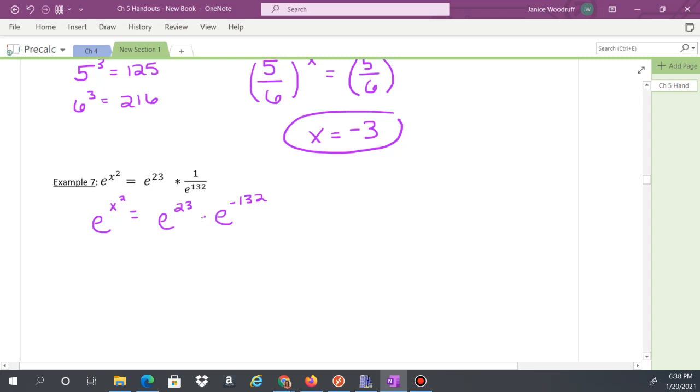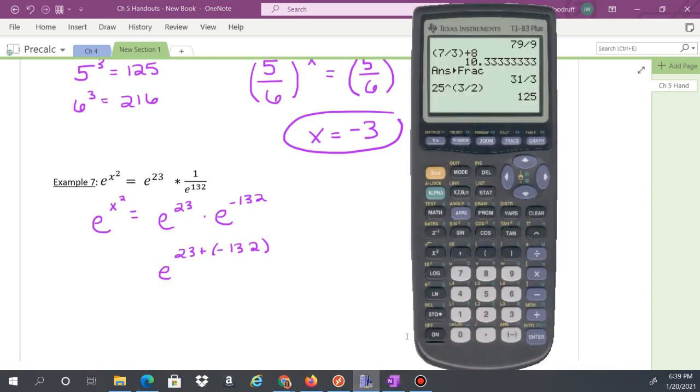Now, when exponents have the same base, you can add them together, right? So this could be e to the 23 plus negative 132, which is negative 109.